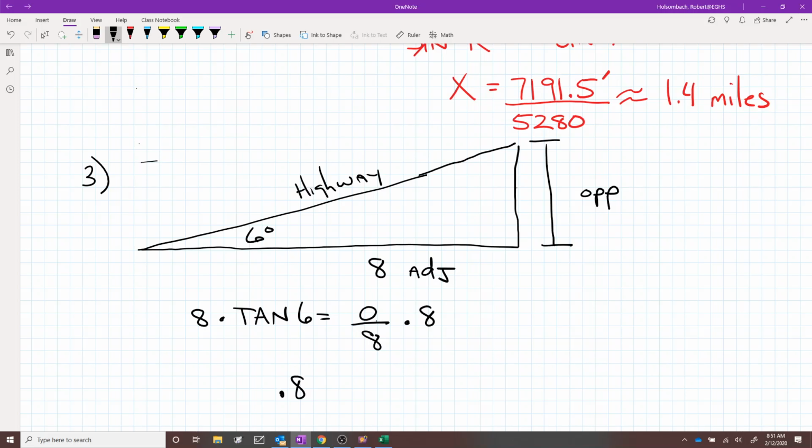So 0.8 equals this opposite side. So 0.8 miles. This says to the nearest hundredth, so if you just leave your calculator the way it is and push second fix 2, it will re-round it for you to 2 places, so we got 0.84 miles.